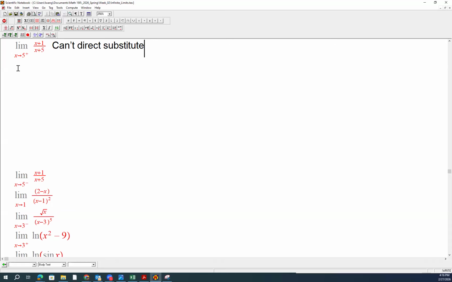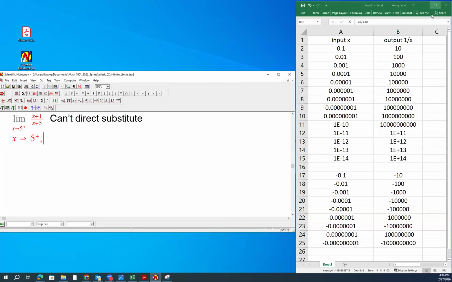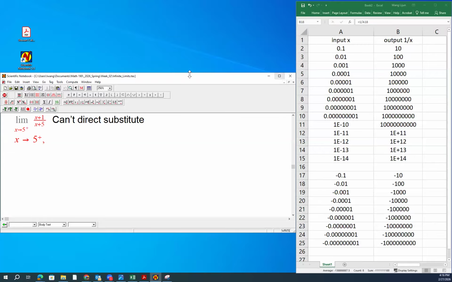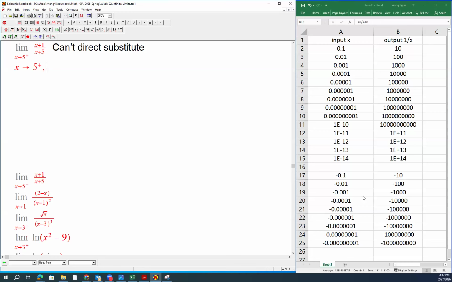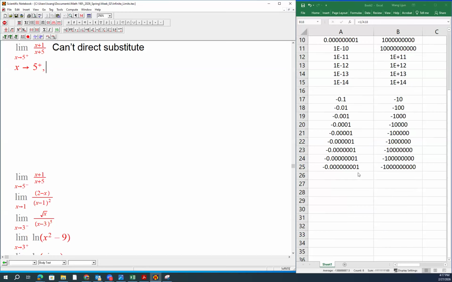We analyze, and we realize that when x is approaching 5 from larger than 5, you'll be thinking of numbers near 5. Numerically, let me get the Excel worksheet again.